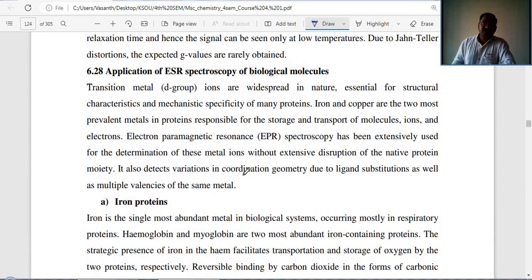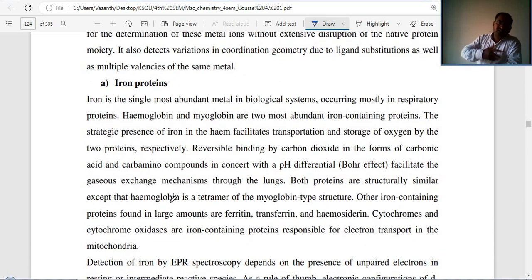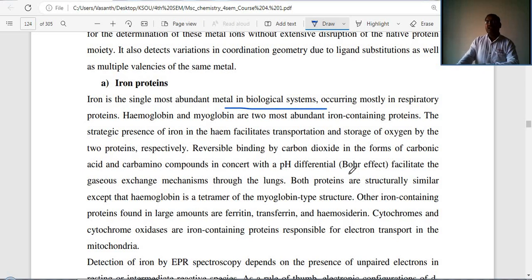Now we are going to discuss some important applications to biological molecules. One is iron proteins. Iron is the single most abundant metal in biological systems, occurring mostly in respiratory proteins.